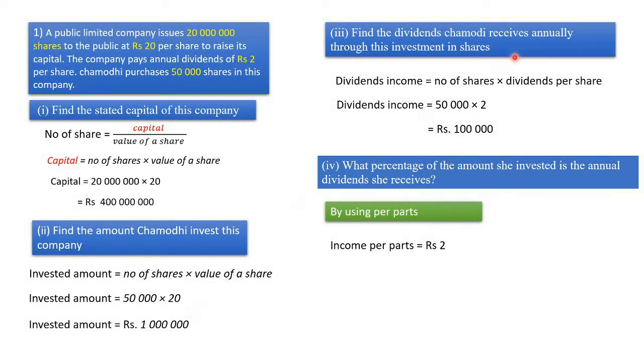You can calculate using these values also, but it is easier to calculate using the per share method. The invested amount per share is 20 and she received 2 rupees. So 2 over 20 into 100% gives 10%. This is the percentage received.